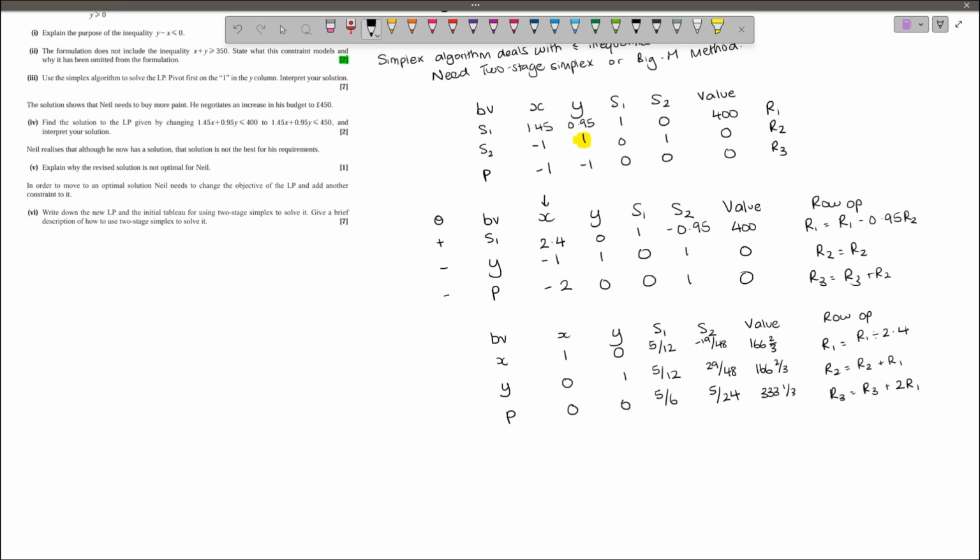I could write these values as improper fractions. Instead of 166 and 2/3, this would be 500 over 3. This would also be 500 over 3. And this would be 1000 over 3.